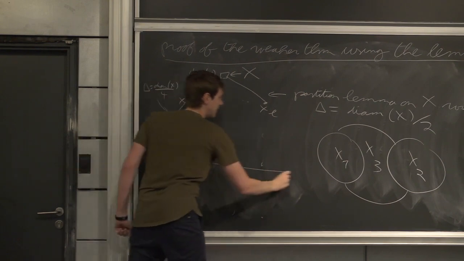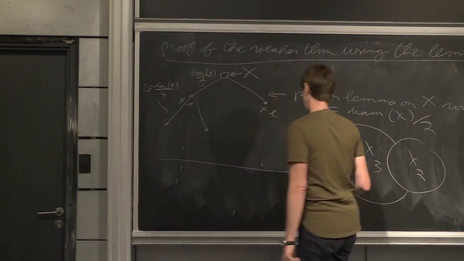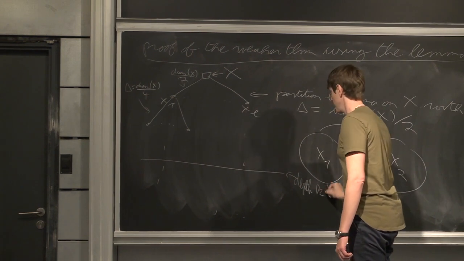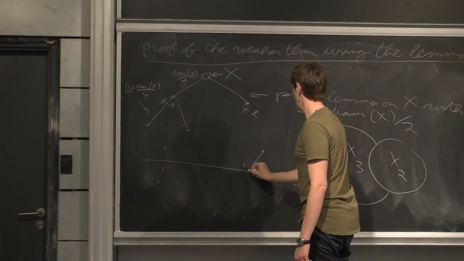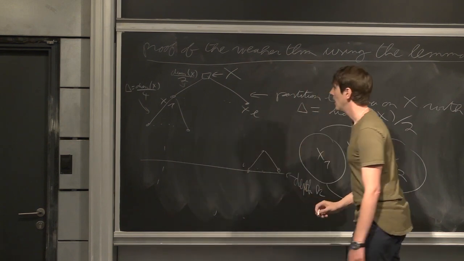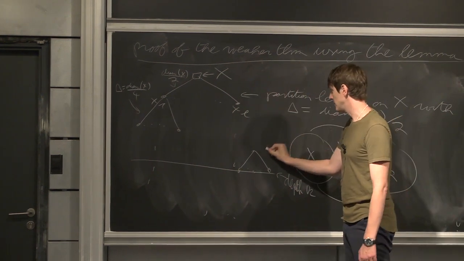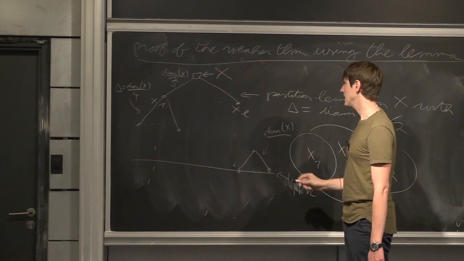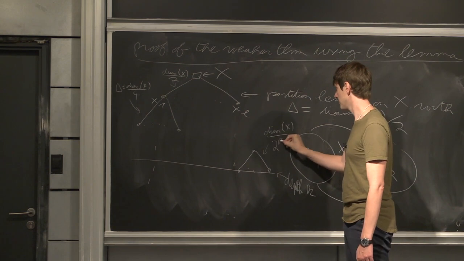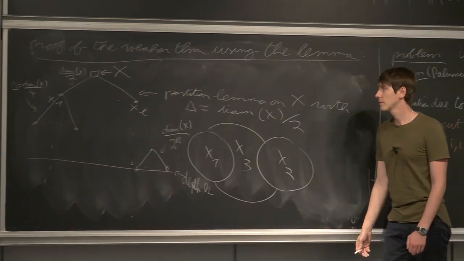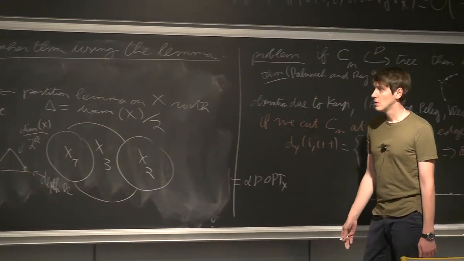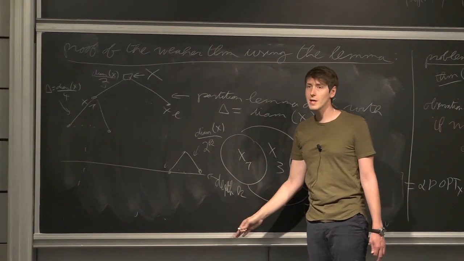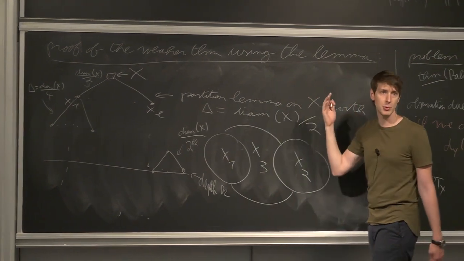And at depth k, this was depth 1, so this is going to be diameter of x divided by 2 to the k. And notice that my tree is of depth log n because of the assumption on the aspect ratio.